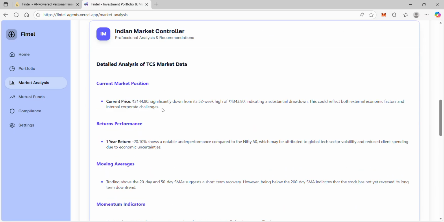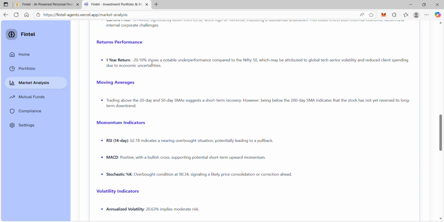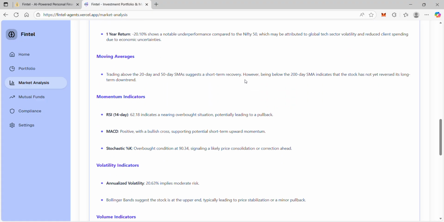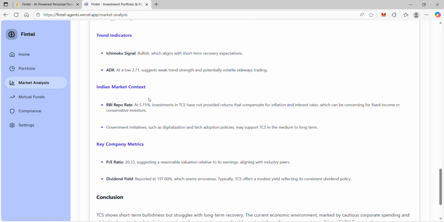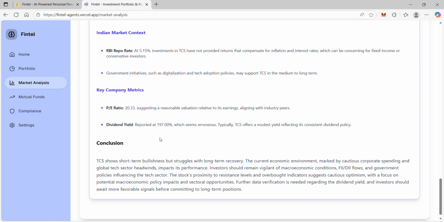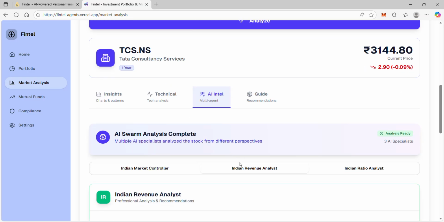It will analyze, calculate the returns, and show that the stock has not performed well, underperforming compared to the Nifty 50 index and moving averages as well. It provides a conclusion as expected. This was feedback given to us by one of the judges, to provide a conclusion from every agent.